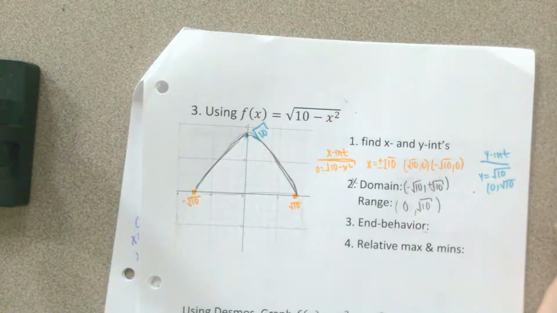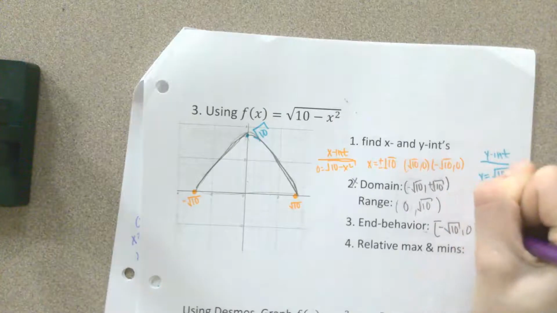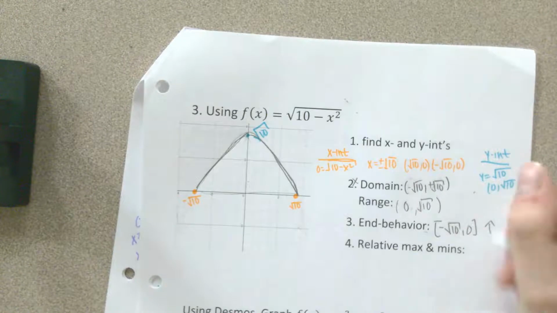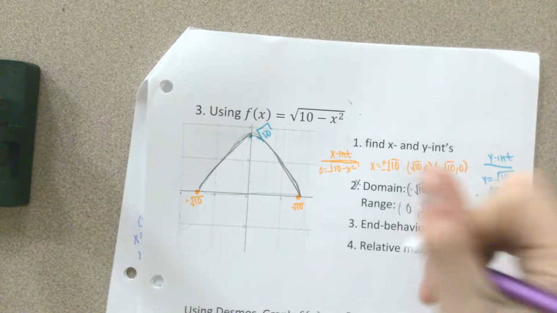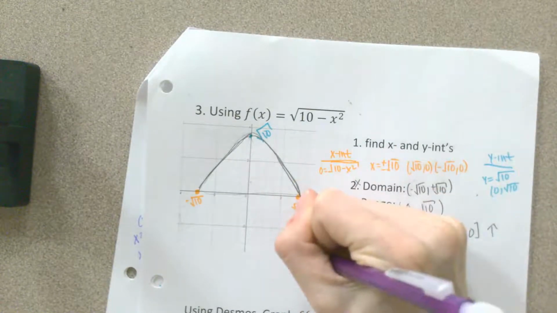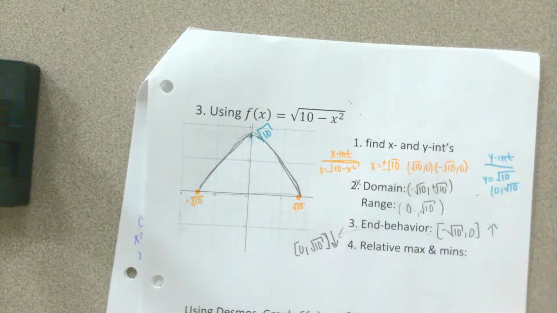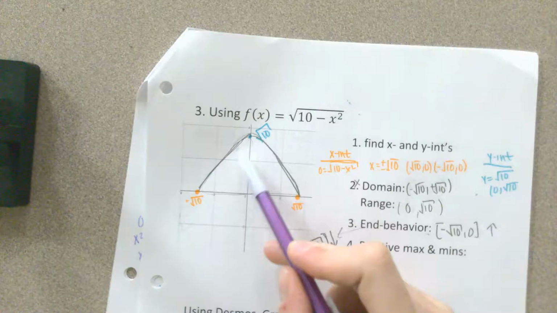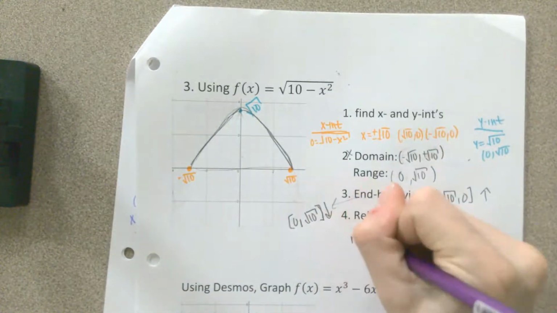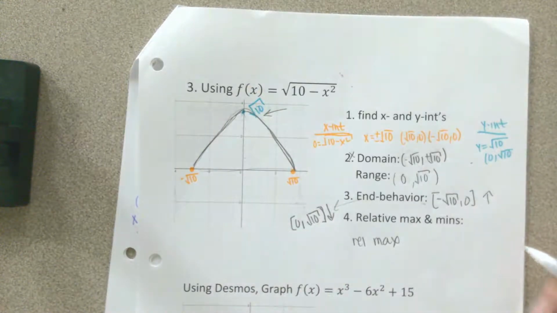Okay. Our end behavior from negative root 10 to 0, both with brackets, we are increasing, and from 0 to square root 10, we are decreasing. Okay, increasing, increasing, increasing, decreasing. We have a relative max at square root of 10.